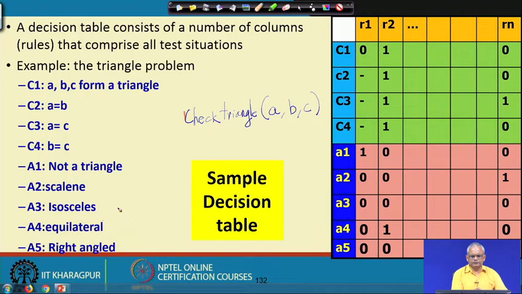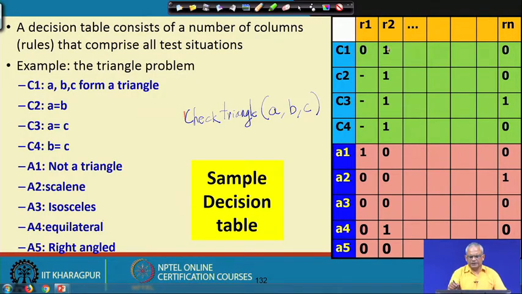Now, the conditions based on which the actions are taken can be written here in the top rows. C1 is that it forms a triangle, C2 is a equal to b, C3 is a equal to c, C4 is b equal to c.